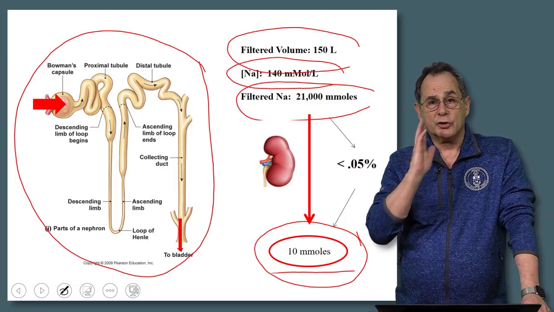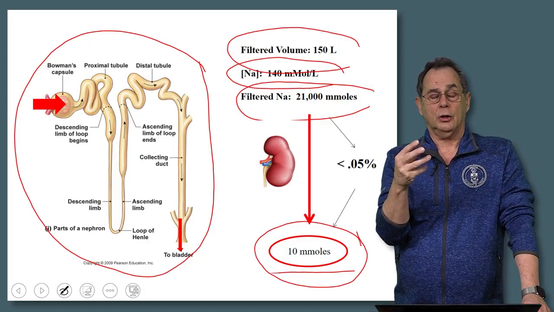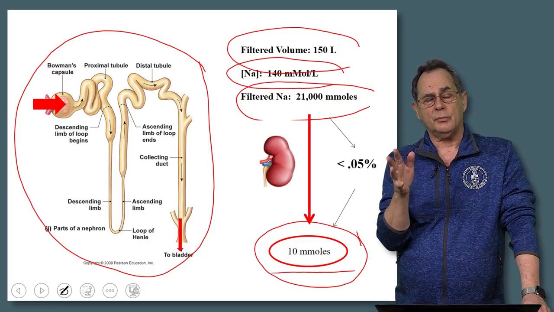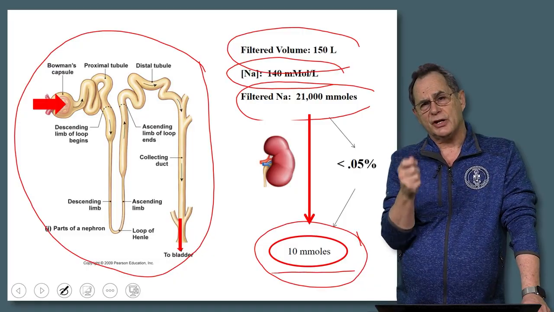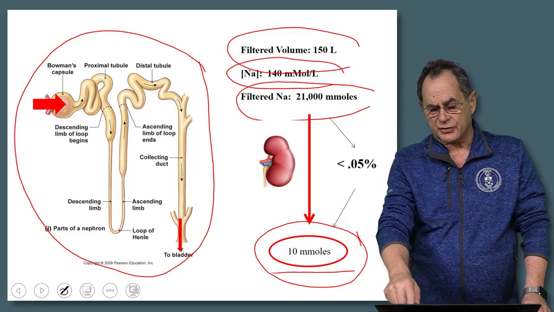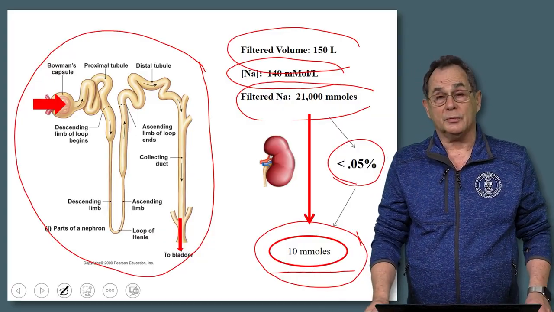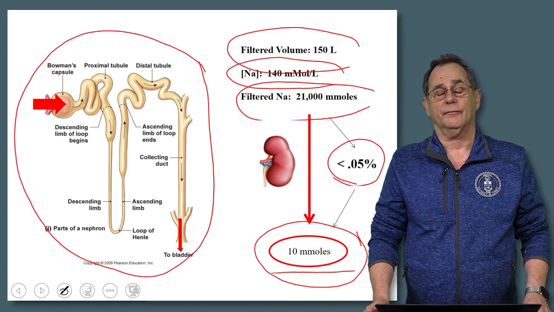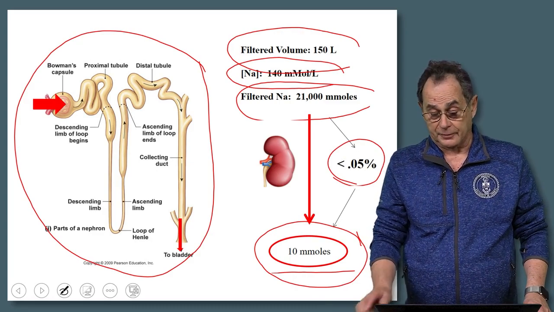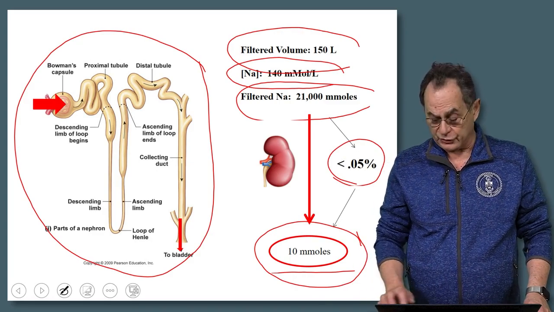Why is that important as we're trekking across the desert? Well, we're sweating, we're losing sodium, and we want the kidney to receive a signal that tells us that instead of reabsorbing 99%, we reabsorb 99.95%, so that we only end up with about 10 millimoles.